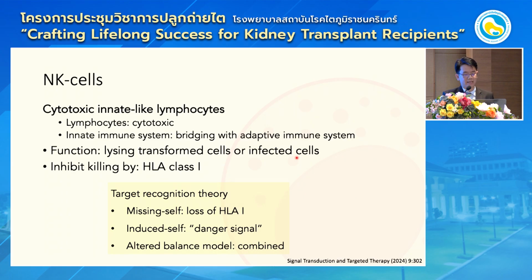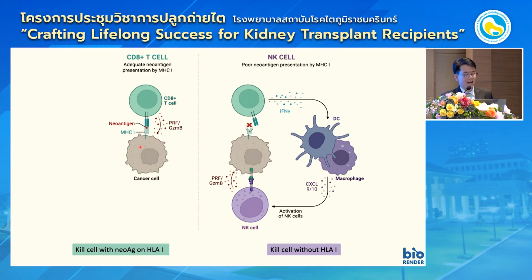And how does the NK cell kill germs or other cells? By the missing-self or induced-self concept, and the outer balance model has been proposed for the NK cell. Take a cancer cell that still shows HLA class 1. We all know that every cell with a nucleus in our body can show HLA class 1.